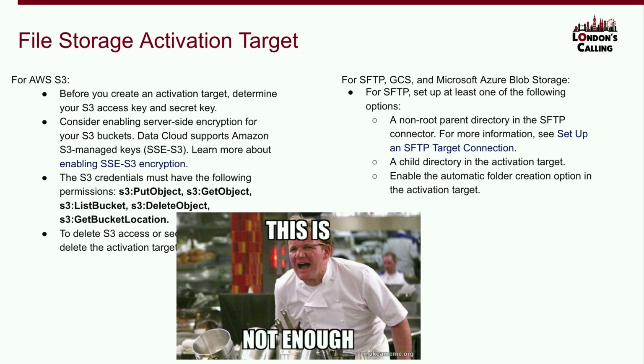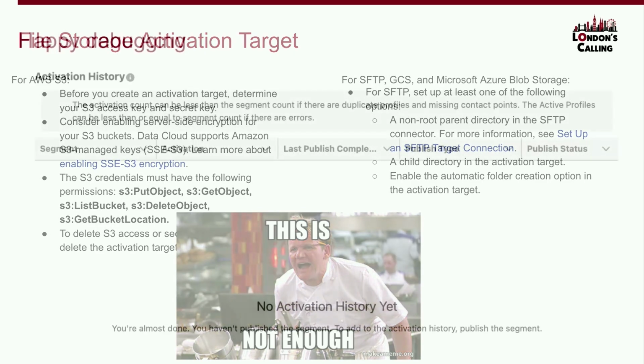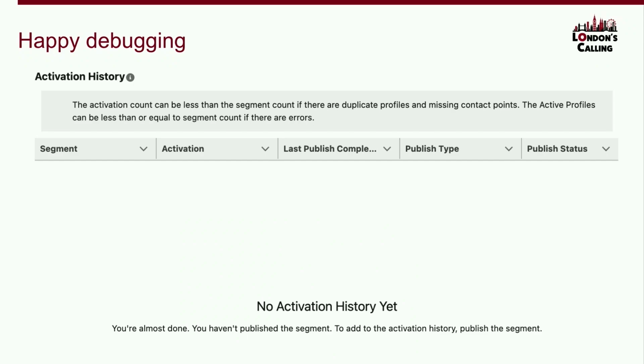Besides the standard permissions which I mentioned in the documentation, Salesforce requires access to the root folder of your S3 bucket, which means that having a dedicated S3 bucket just for Data Cloud is probably going to save you some problems. The bad thing is that, again, it fails silently. You see that the status changed from processing to success, and as success, we understand no data in your external system and no history of what exactly happened.